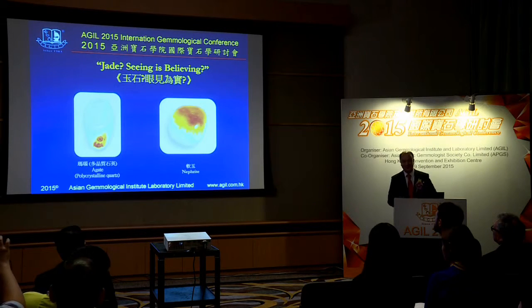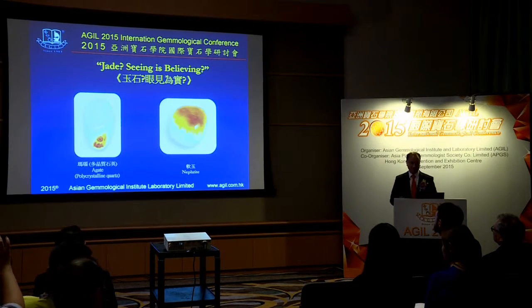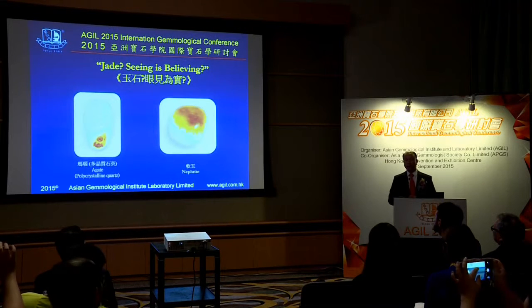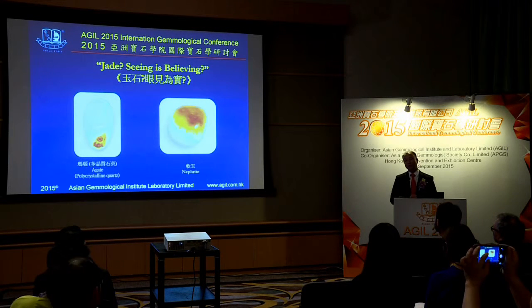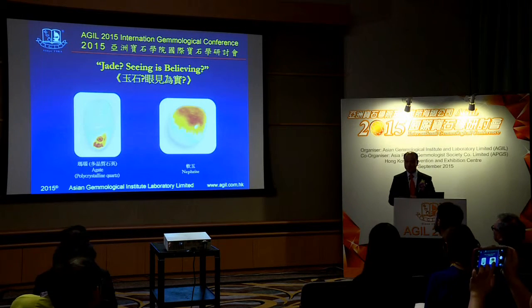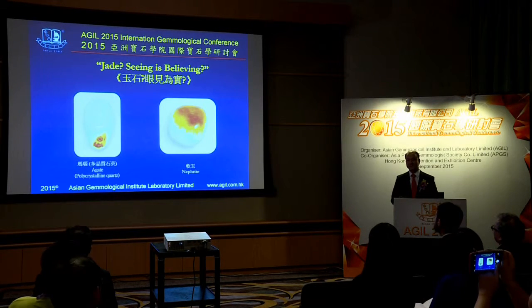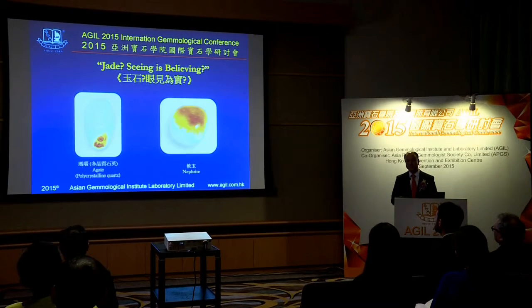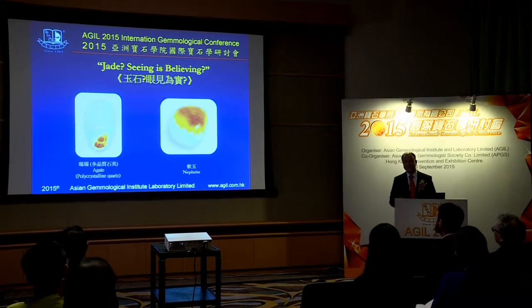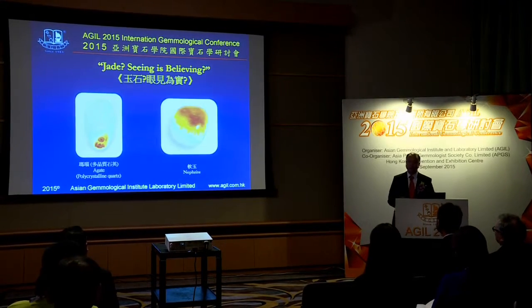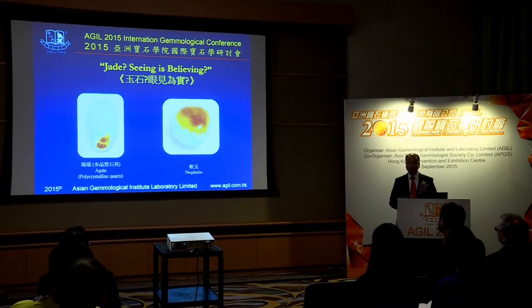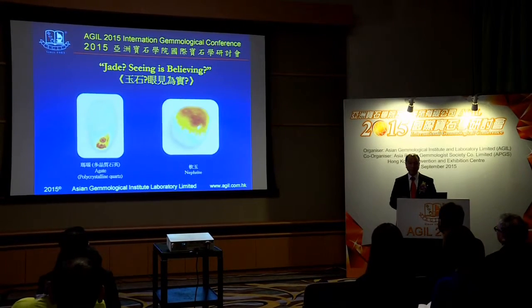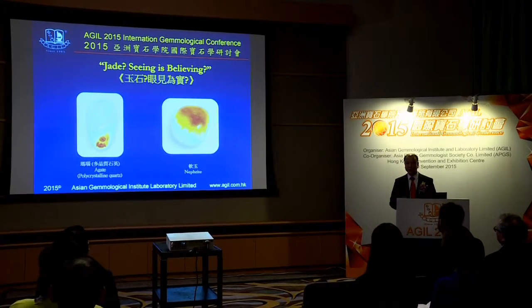Now let's talk about nephrite. In China, when you buy nephrite, we still look for the mutton fat, the white color. At this moment, we still cannot find the primary deposit of the mutton fat nephrite in Xinjiang, China.